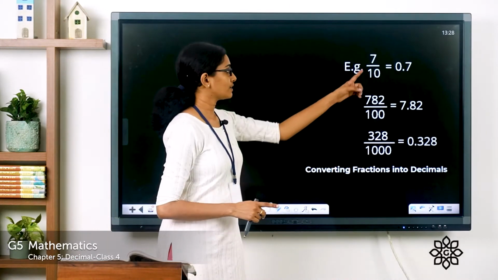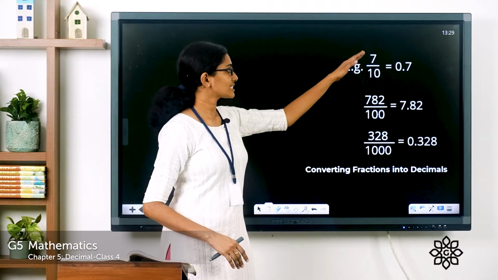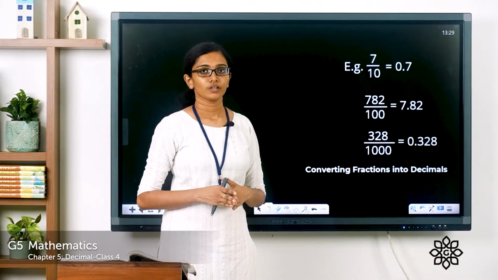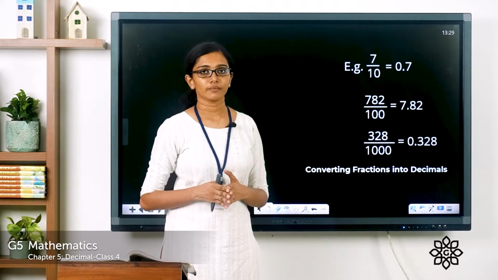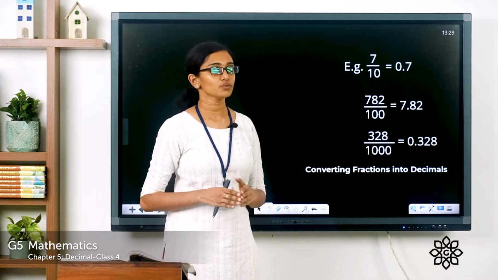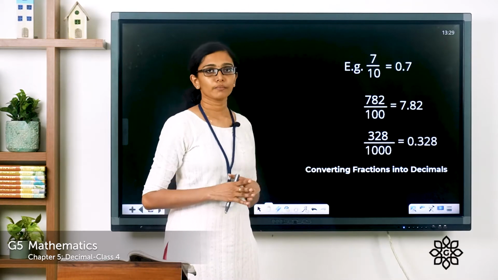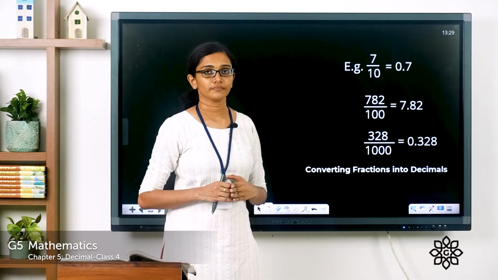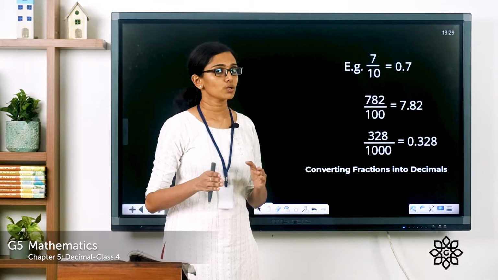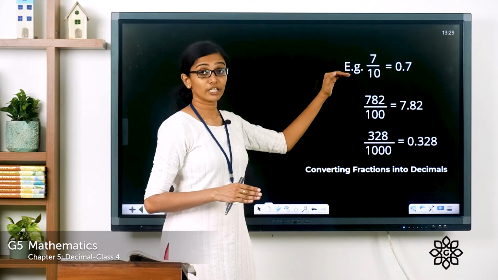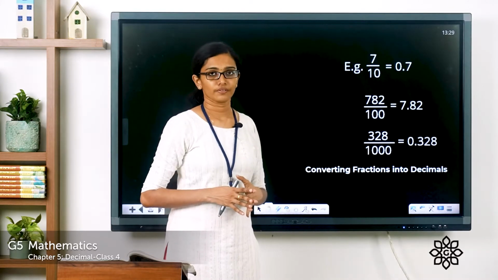Look at the example given here. We have the fraction 7 by 10 here. So to convert that to a decimal number, the first step is to write the numerator as it is. Then count the number of zeros in the denominator. Note that we do this only because the denominator is a multiple of 10.